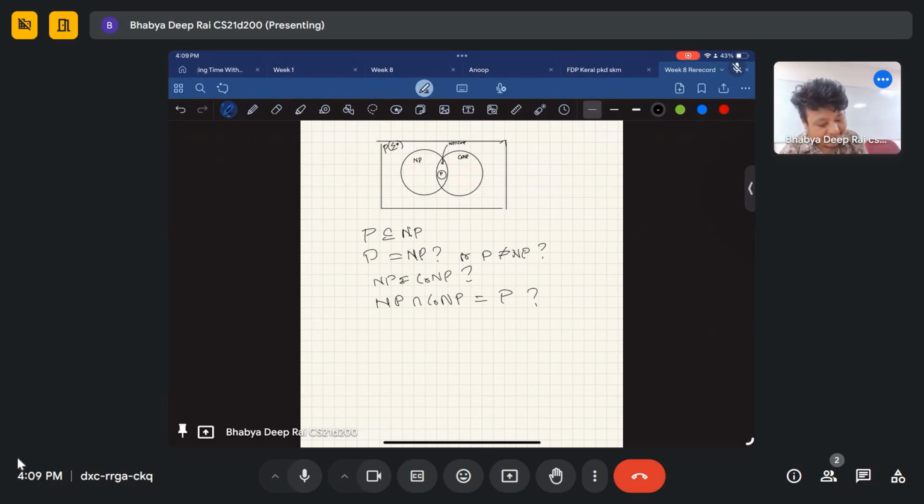And now we have something called NP completeness. First, NP hardness.